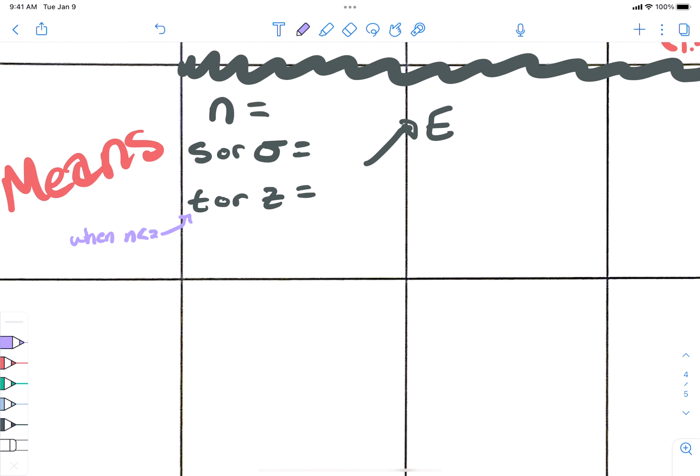You use T when n is less than 30. Really, that's kind of the main thing, I guess. Or when you only know s. Those two requirements in order to use T. Okay? You use Z when n is greater than or equal to 30, or you know sigma.